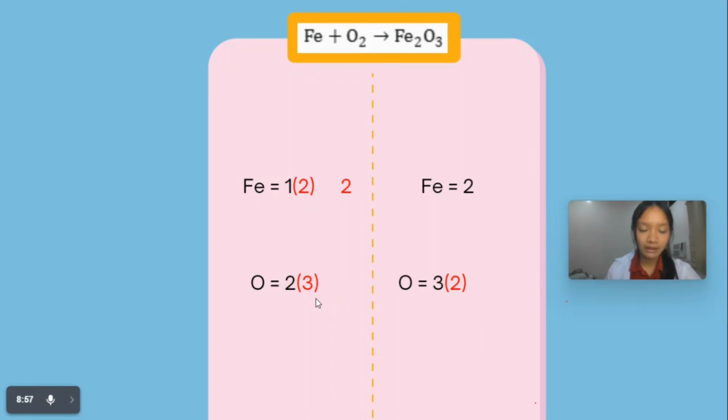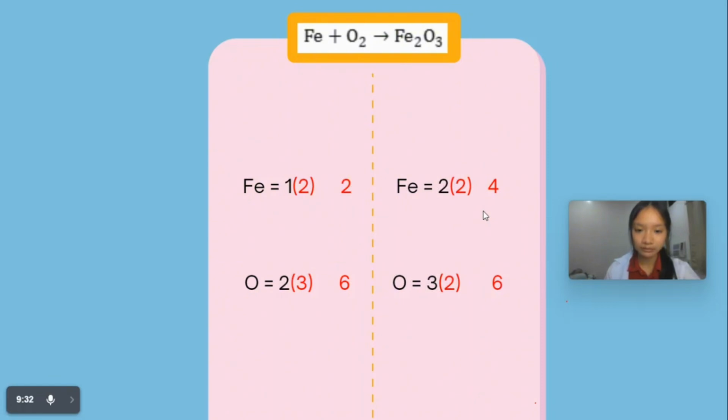Although this balances the oxygen atoms on the left side, the oxygen atoms on the right side are now doubled due to the multiplication of the entire compound. To correct this, we then multiply the iron on the left side by 2, resulting in 4 atoms.